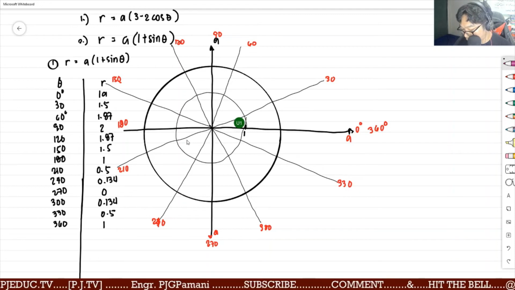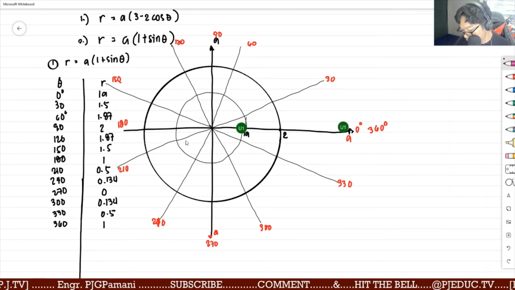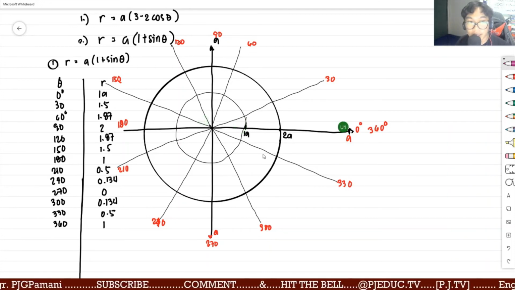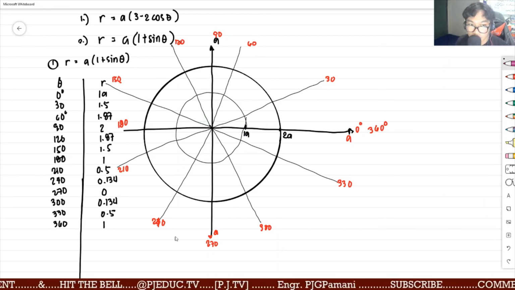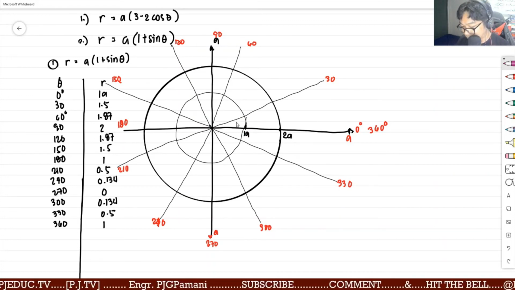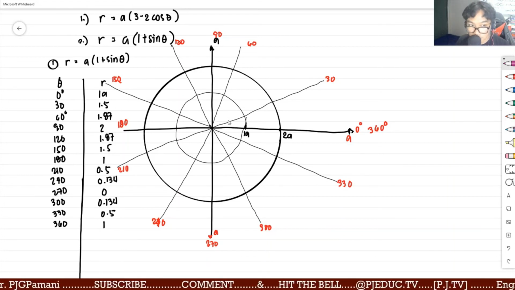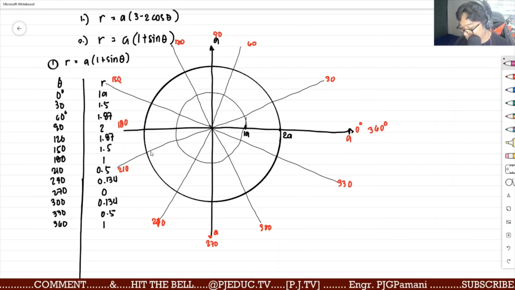Ito yung 1A. Kahit wag nyo nang ilagay yung mga circle na nilalagay ko. Just for me to identify kung saan that. Then, 0 degree is 1A.